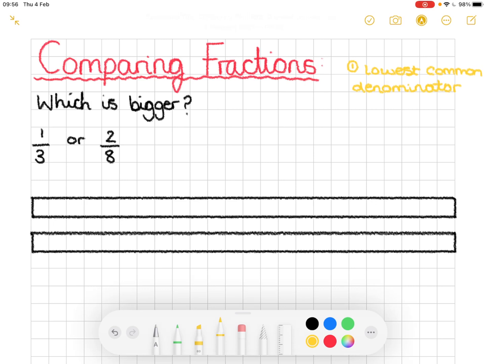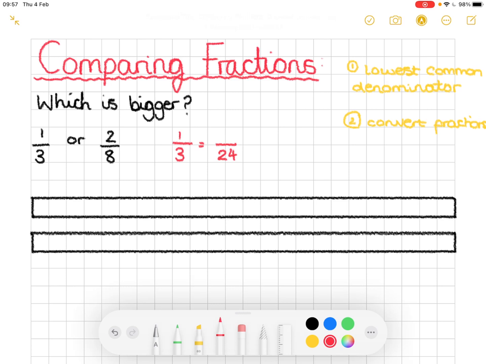Okay, so step 2 will be convert your fractions. And in this instance, it's going to be over 24. So we looked at this in the previous week, so we know how to convert our fractions. So we are going to find equivalents. So 1/3, I'll do this in different colours so you can see. 1/3 equals something over 24.